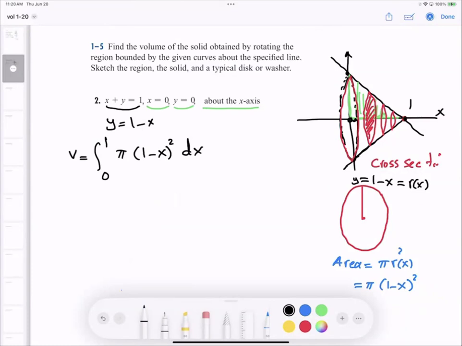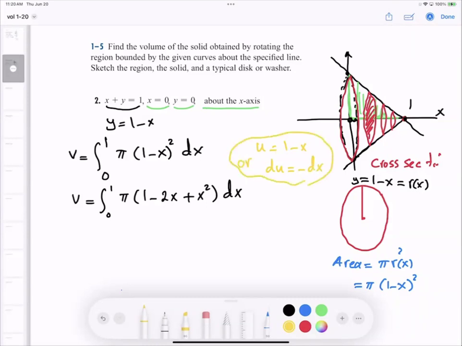You can use u sub. Or you can write this in expanded form. So the volume can also be written as the integral from 0 to 1 of pi times 1 minus 2x plus x squared dx. Or you can use u sub. You can say my u is equal to 1 minus x, then calculate du, which is negative dx, and continue. So either this or this.